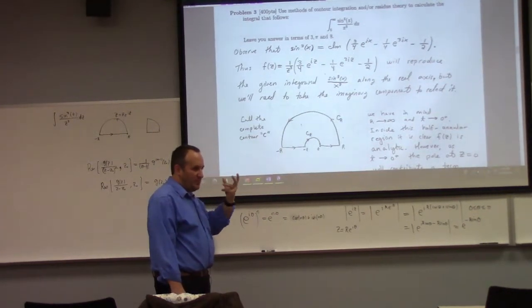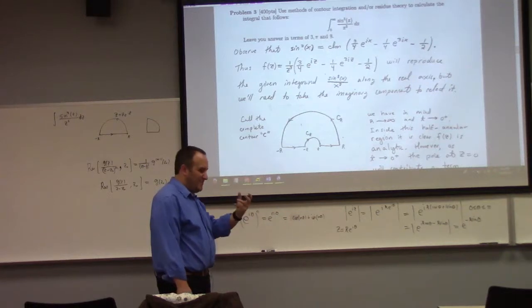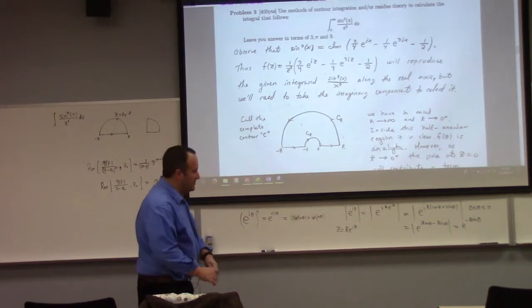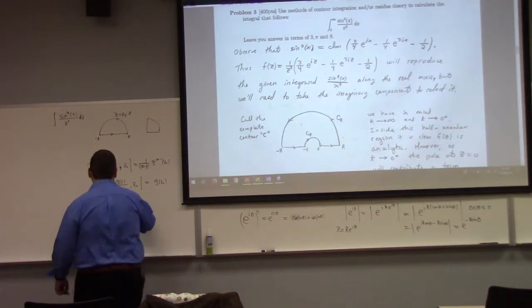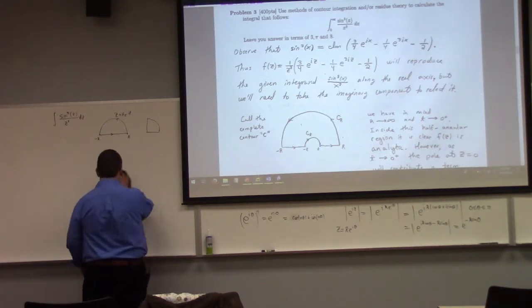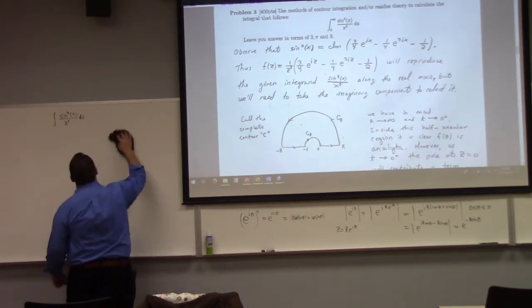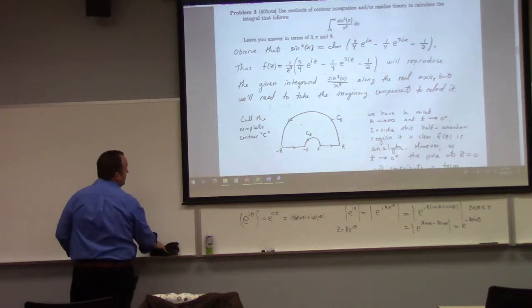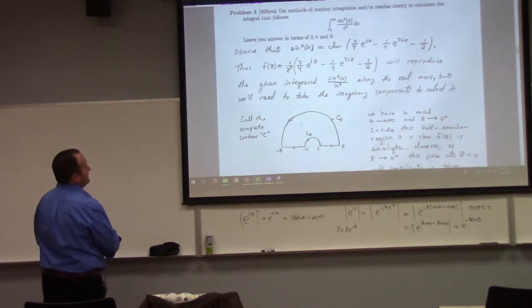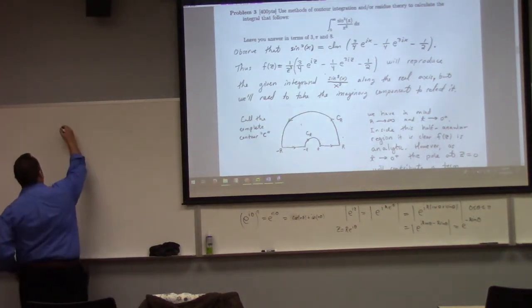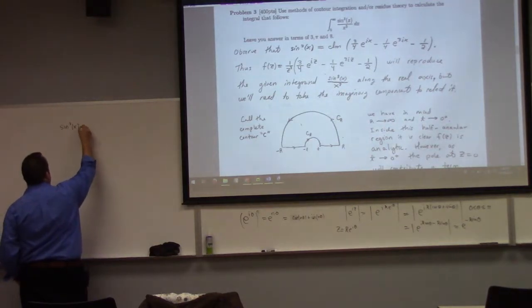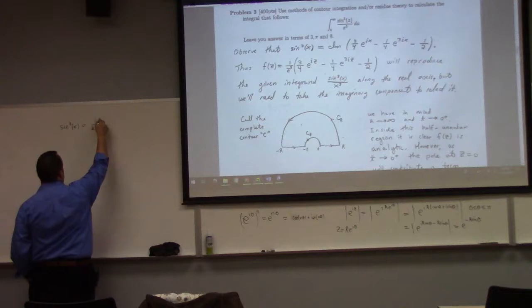Like, there has to be a pole to somehow get our paws on. And I guess maybe if we just calculate sine cubed of x directly, it'll become more clear to us what went on here.